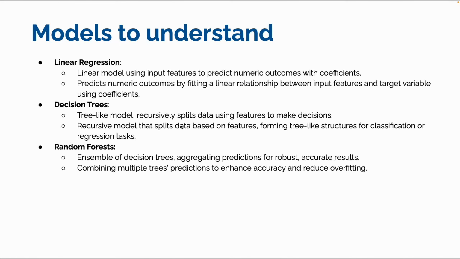So it's just a simple example of how you could make decisions by splitting data. A random forest is an ensemble of decision trees. So you have different decision trees, and you aggregate those predictions together and use that to make a much more accurate result.